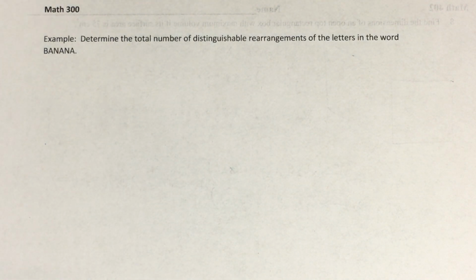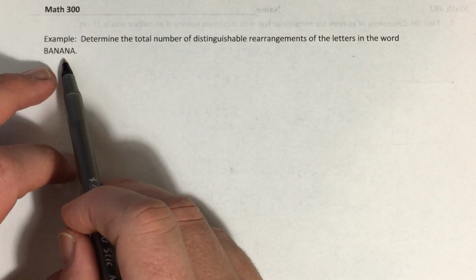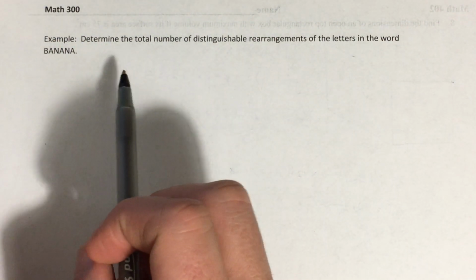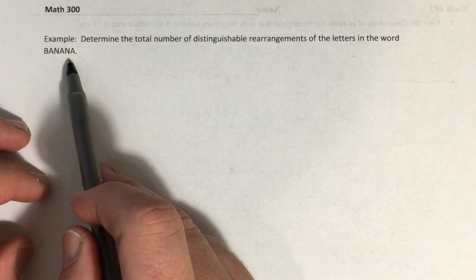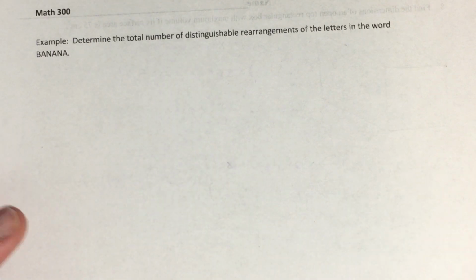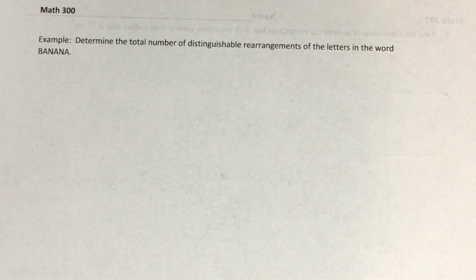Determine the total number of distinguishable rearrangements of the letters in the word banana. Okay? So we're taking the word banana and rearranging the letters. Now, if I look at the total number of letters in this word, there's 6. And if we're going with that factorial rule, the total number of arrangements of the letters in this word should be 6 factorial. But we know that many of those arrangements would not be distinguishable.